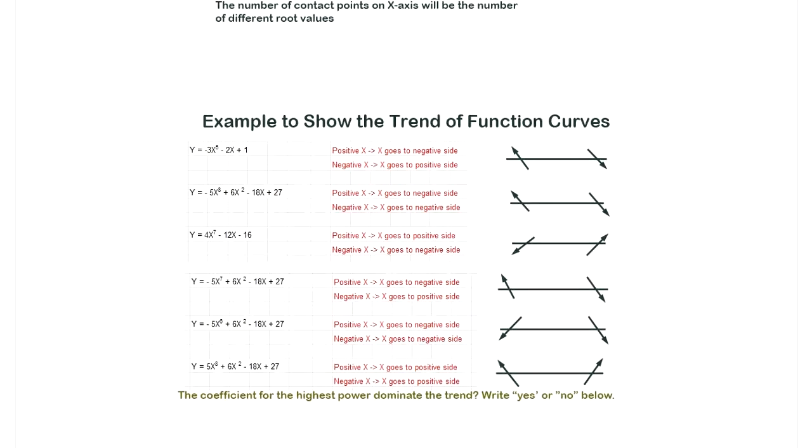Okay, so here is an example to show the trend of function curves based on the rule above. You can tell negative sign, leading coefficient, and odd number. So the function goes up at the extreme negative, and the function goes down at the extreme positive.